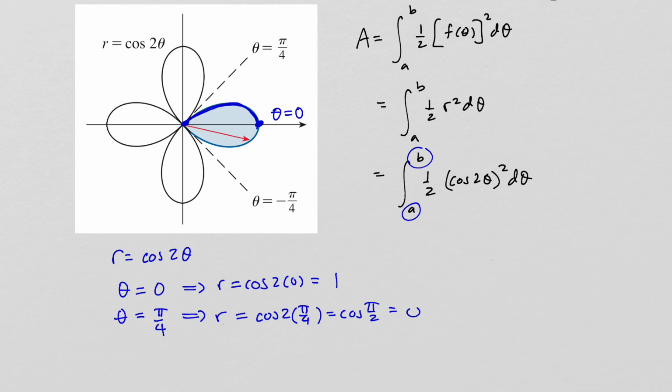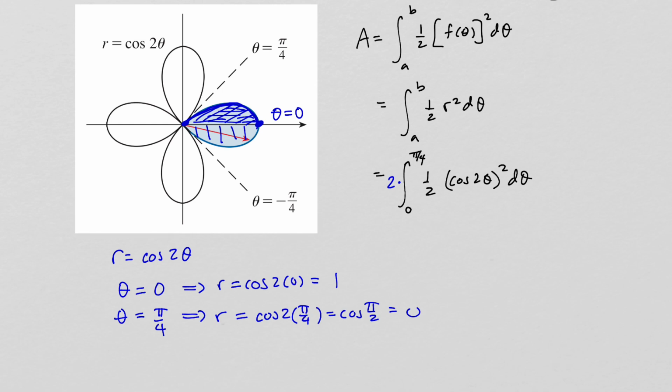Now, if we integrate using those limits, if we just go from 0 to pi over 4, what we're going to find there is this area. And that's actually fine, because if we want the area of this whole thing, all we have to do is multiply that by 2.